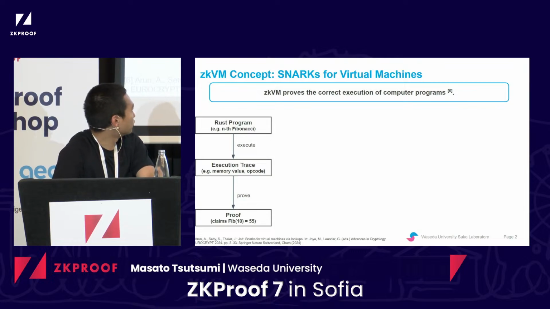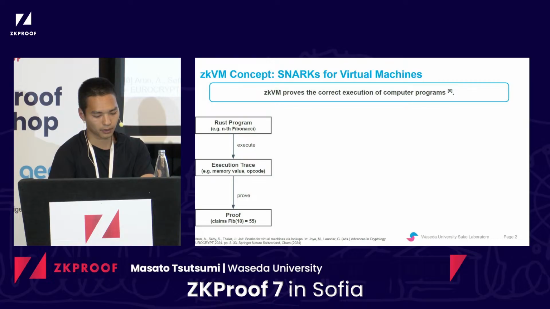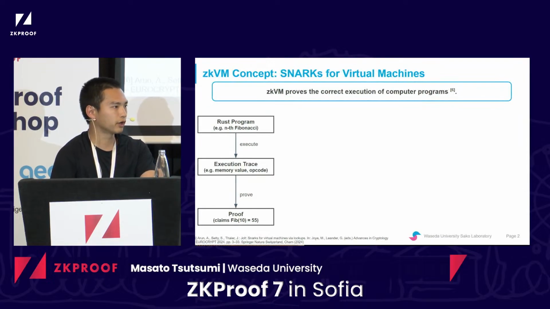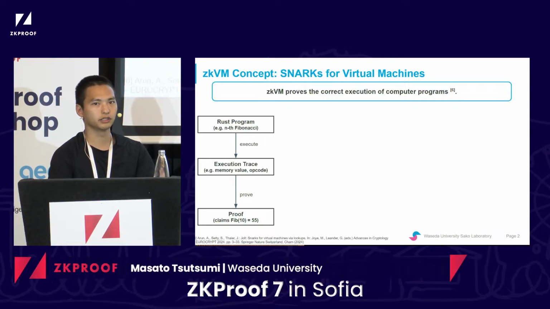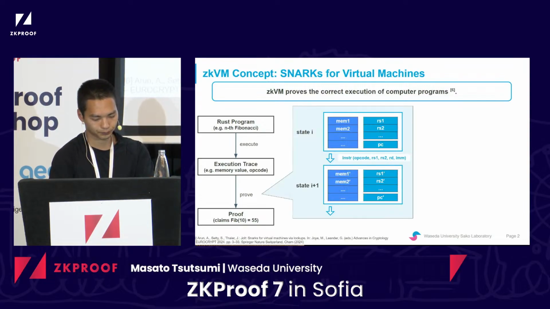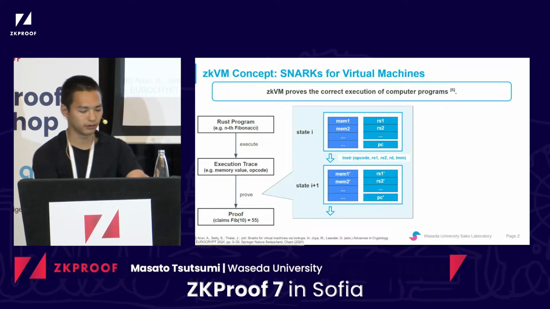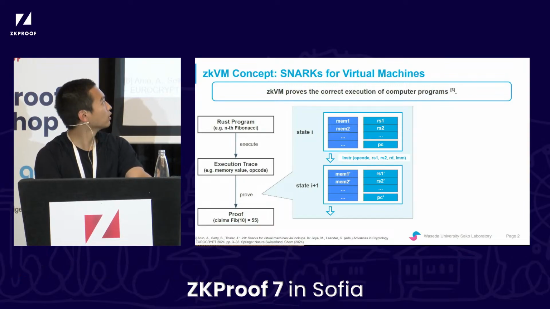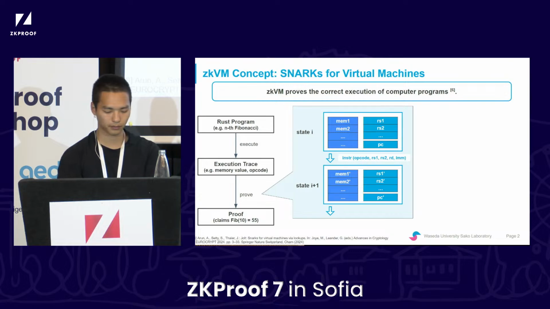Next, we generate a proof based on this trace. The verifier can then verify the proof, for instance, that the 10th Fibonacci number is equal to 55, without having to re-execute it themselves. During the proof generation, the zkVM proves the state transition of the VM at each execution step using SNARKs.